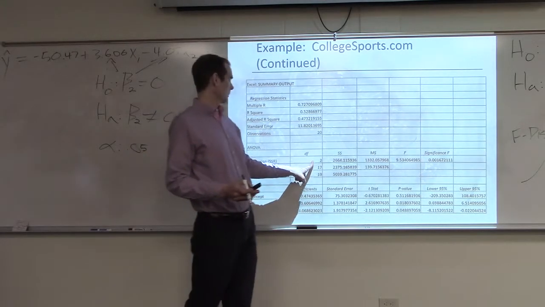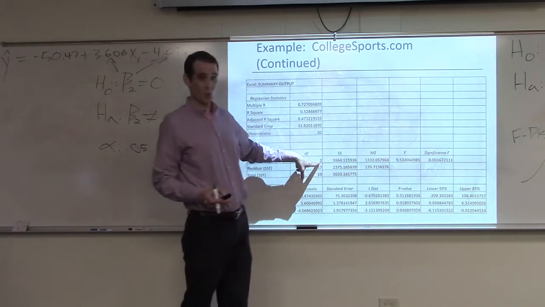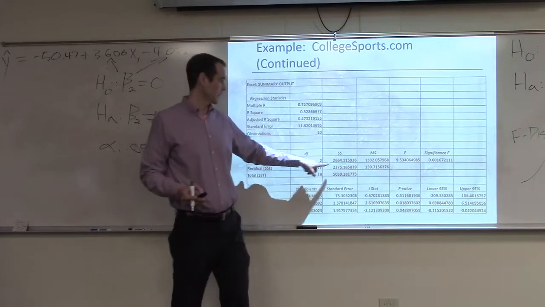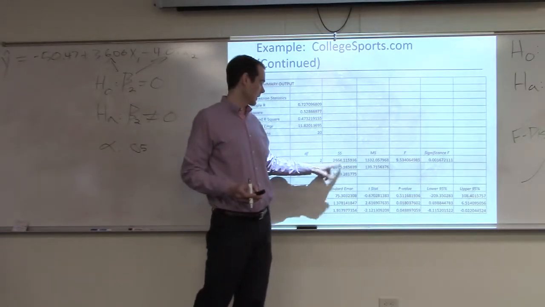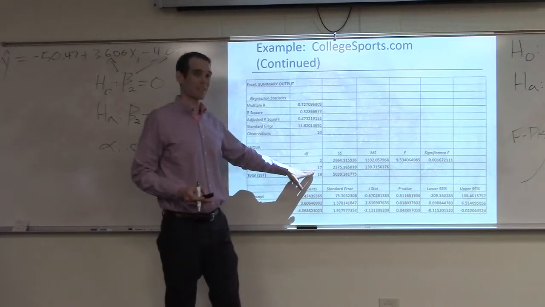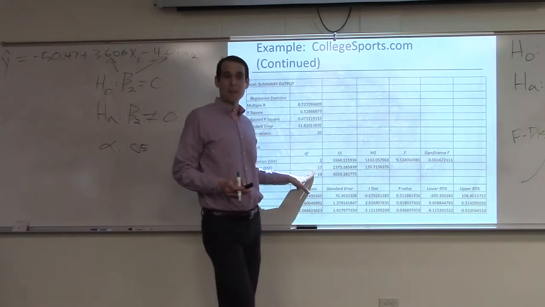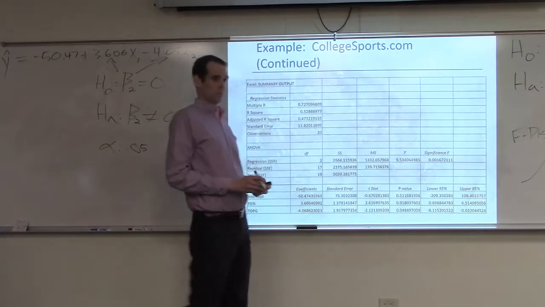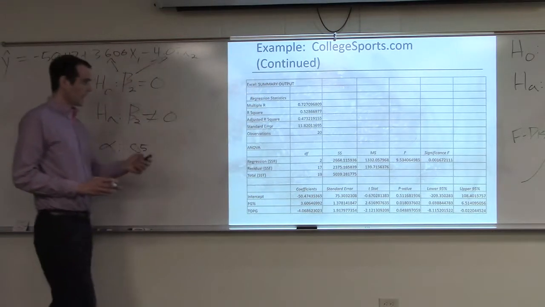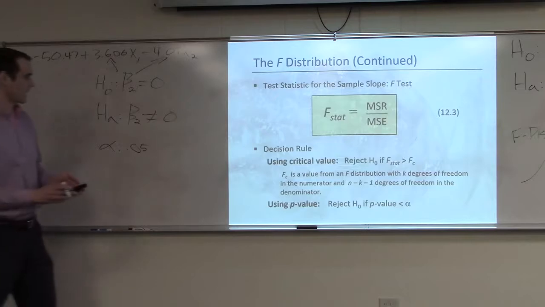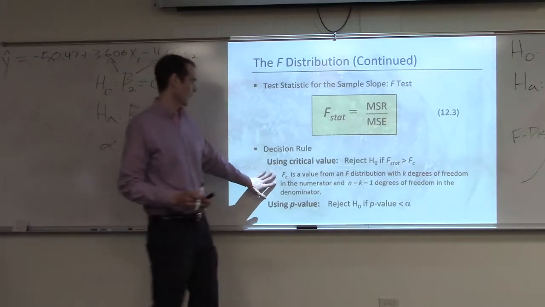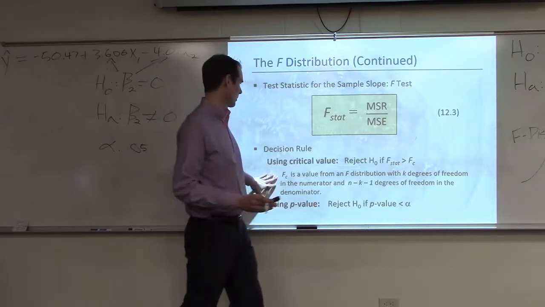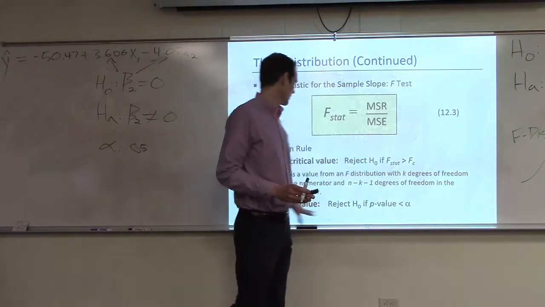The degrees of freedom for the numerator is going to be 2. It's going to be k, the same thing we divided the explained variation by. And the degrees of freedom for the denominator is going to be n minus k minus 1. It's in this slide right here: F distribution with k degrees of freedom in the numerator and n minus 1 minus k degrees of freedom in the denominator.